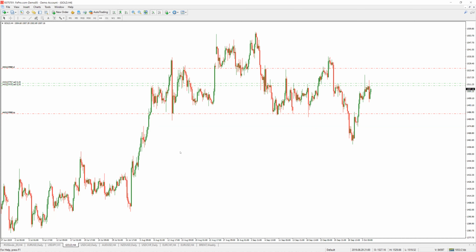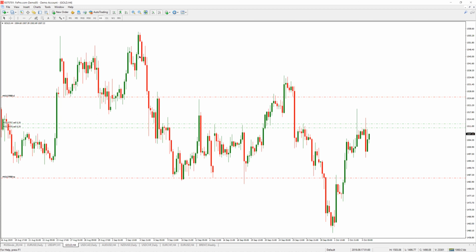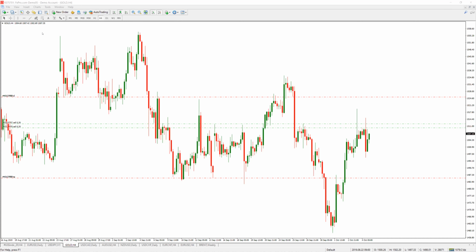The same thing happened on gold. So this is H4 gold. Sorry, I need to share again. Right. So the same thing happened on gold, but this time it happens to the upside, which means we were going short.